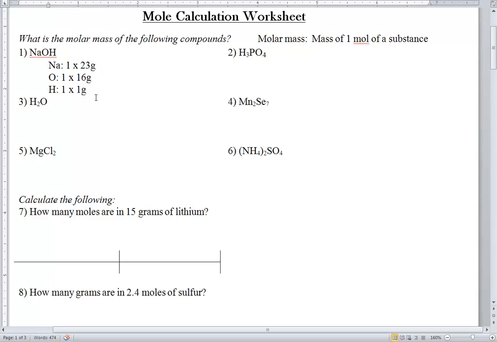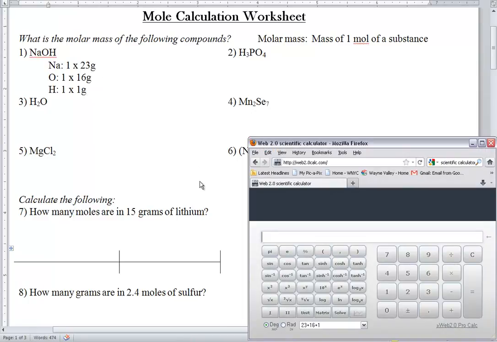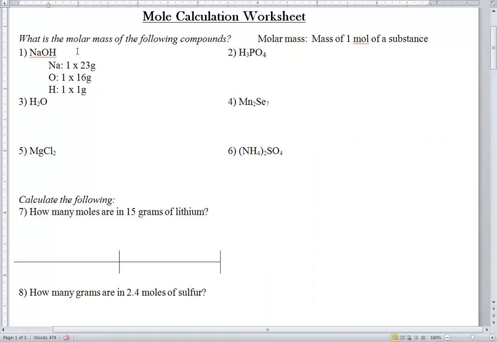So now we have the masses of each of the elements multiplied by how many of each one are present. Next thing, I have to total all of them up. So handy dandy calculator, 23 plus 16 plus 1 equals 40. Okay, so the molar mass for sodium hydroxide is 40 grams of sodium hydroxide per 1 mole of sodium hydroxide.